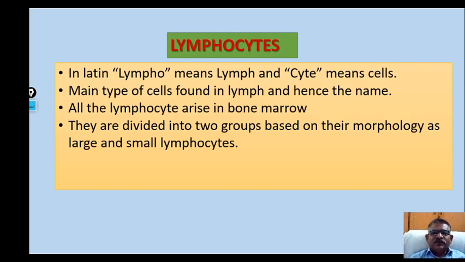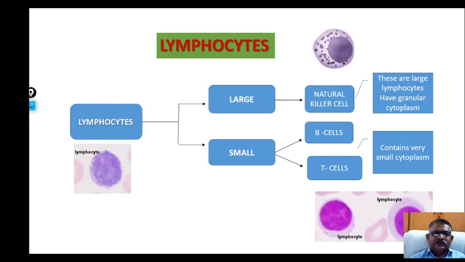All lymphocytes, like other leukocytes, arise in bone marrow. They are divided into two groups based on their morphology: large and small lymphocytes.